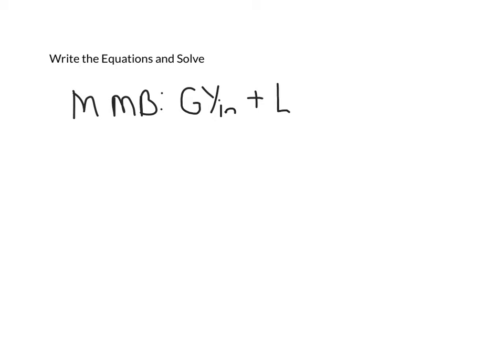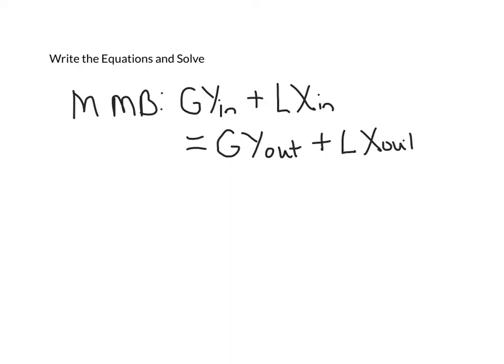Well, I'll just write that here as L times X in. Now that will equal the methanol leaving, which would be G times Y out and L times X out. Remember, we're assuming that G and L are effectively unchanged because it's a small amount of material that's being transferred.